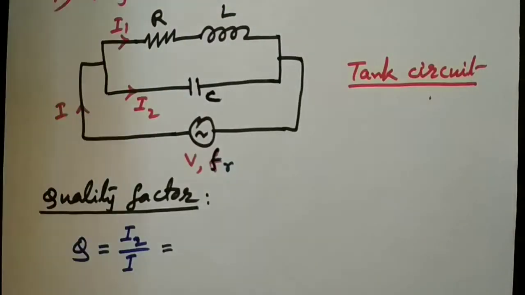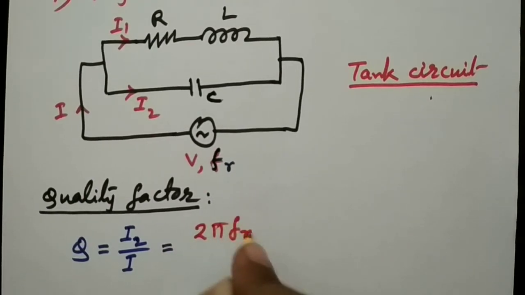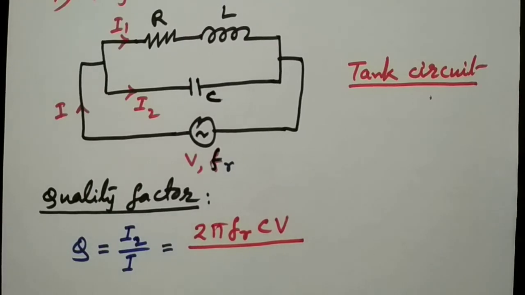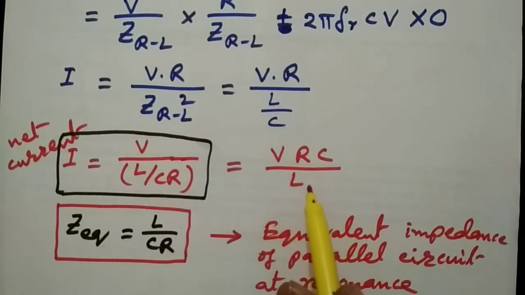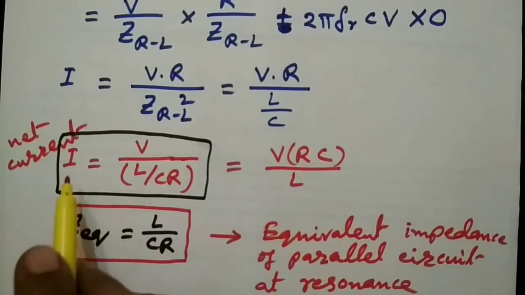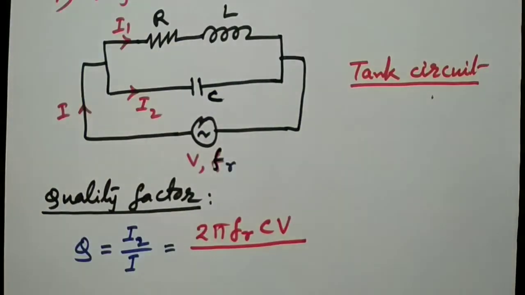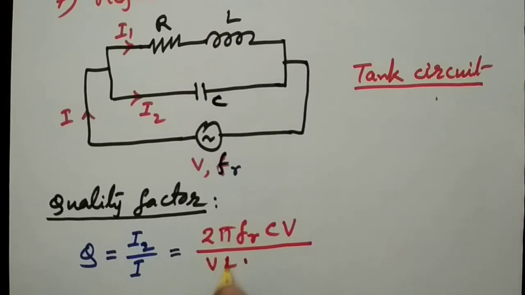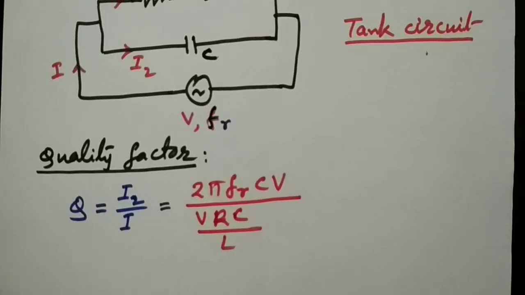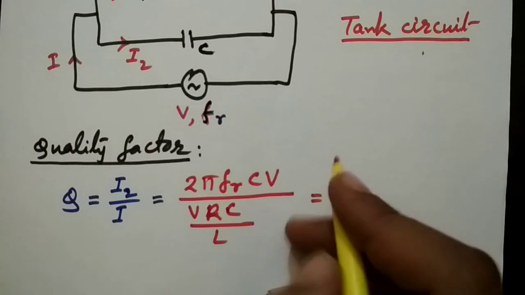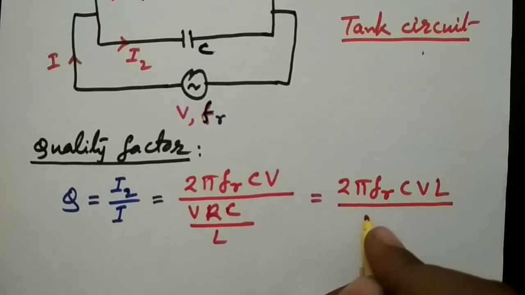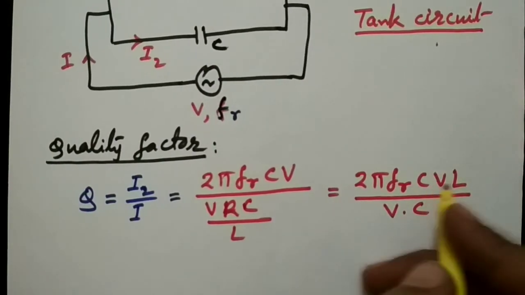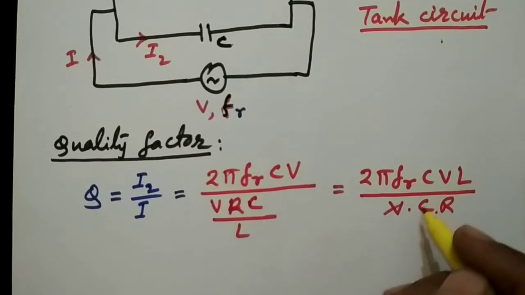So here instead of I2 we can write 2 pi FR C into V, and the value of the total current, that is I, we have written as V upon L by CR, or it can be written as V into RC upon L. So instead of I, we can write V RC upon L. So if we modify it, it will be 2 pi FR C V L upon V into C into R. So V and C are cancelled.